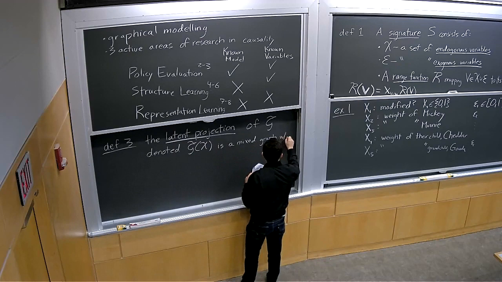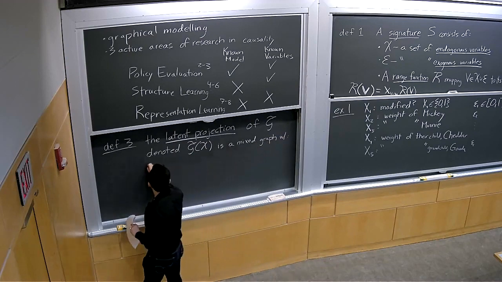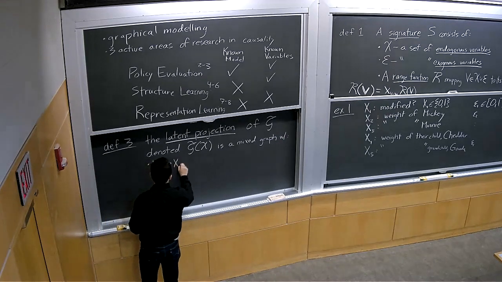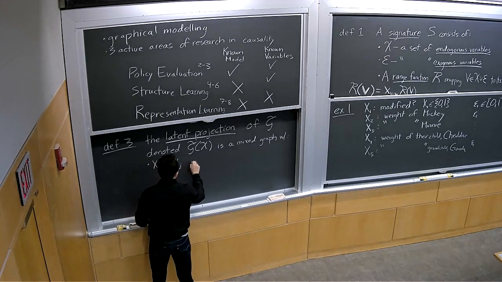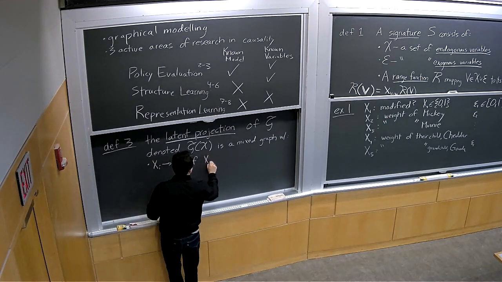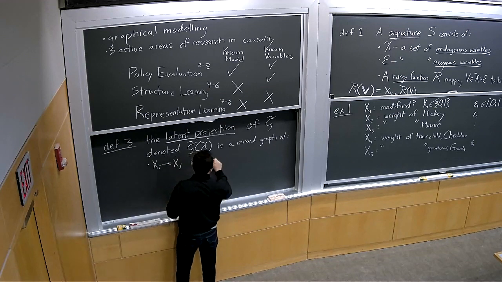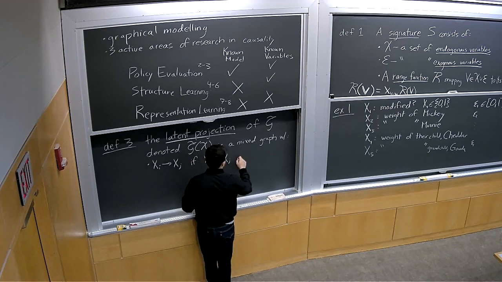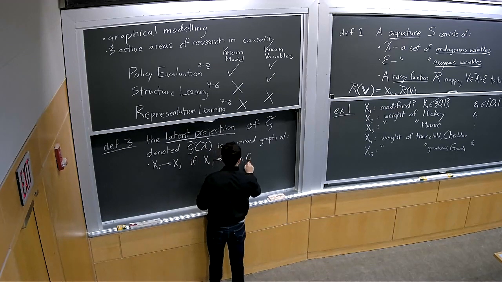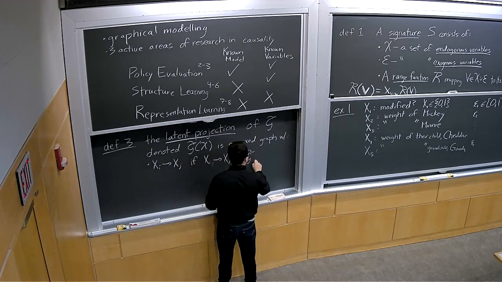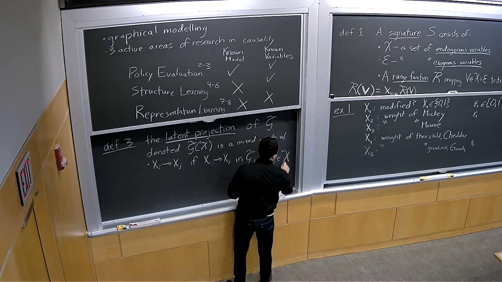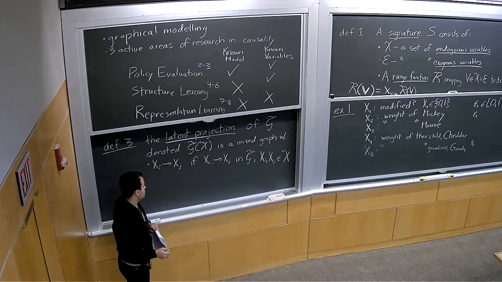And the edges are going to be xi to xj if xi to xj is an edge in the augmented graph. And this is only going to be for variables xi and xj that are endogenous variables.